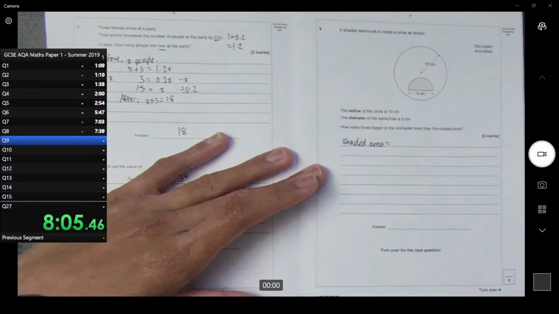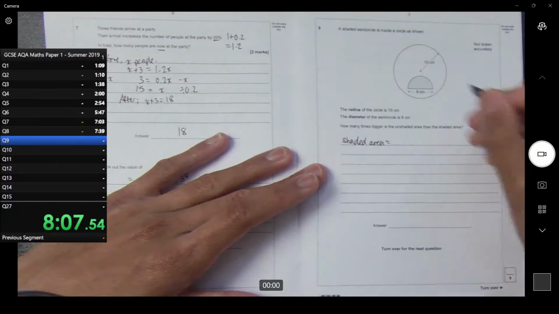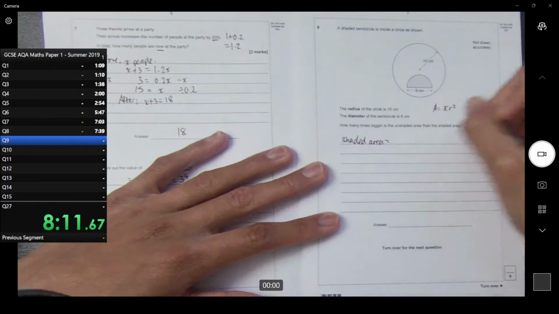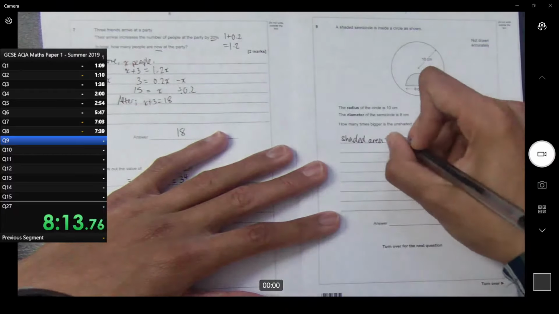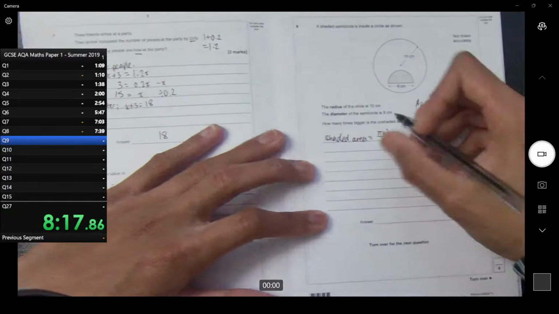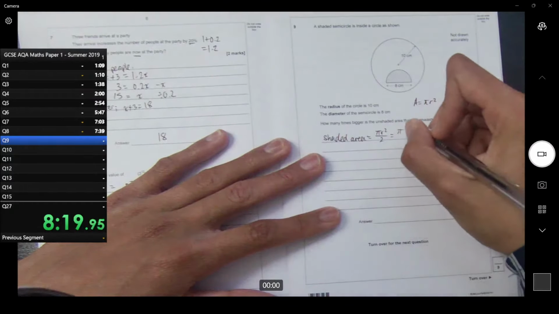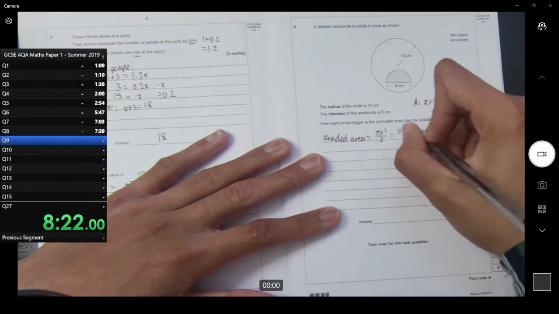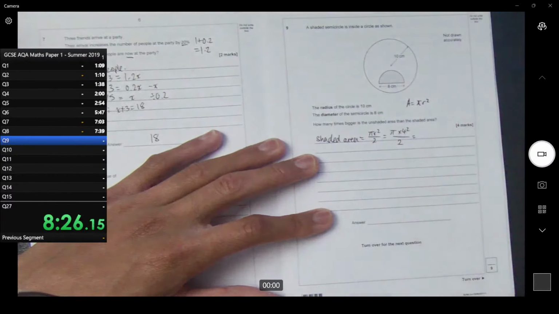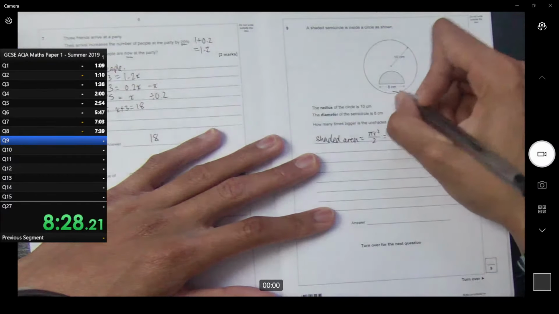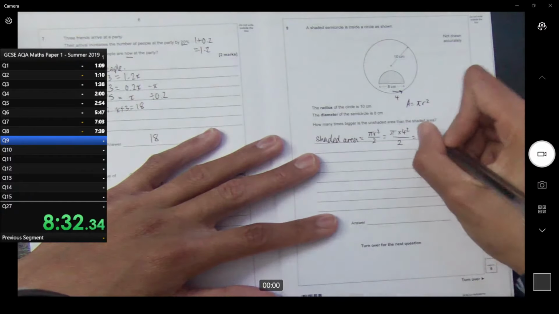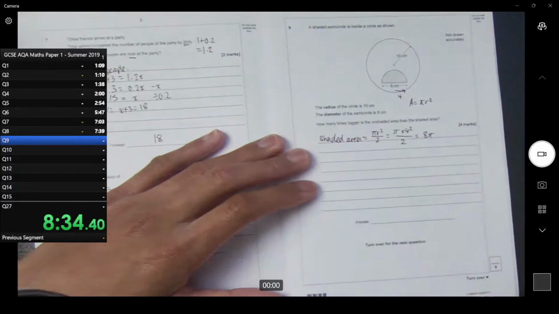So this would be it's pi times 4 squared, so the radius is 4, because the diameter is 8, and so that's just going to be 8 pi.